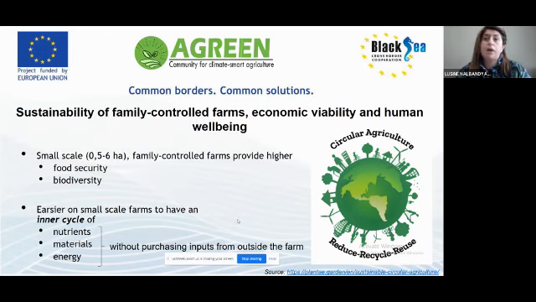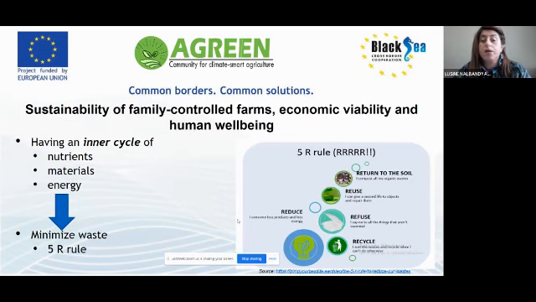Try to buy as few inputs as possible and rely on local inputs. And when we are talking about less waste or waste-free production, this is important in small-scale farming as well.